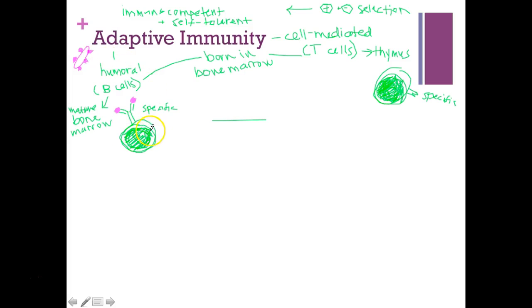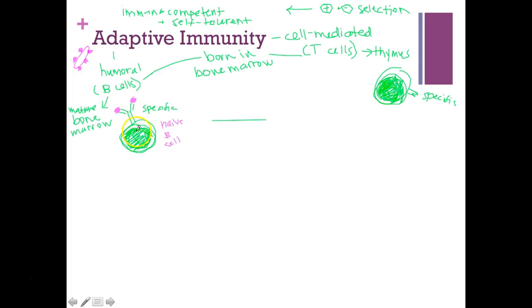So anyway, let's say this B cell finds it. This is now called a naive B cell, and this B cell has to become activated. The way it does this is it's going to endocytose this antigen.